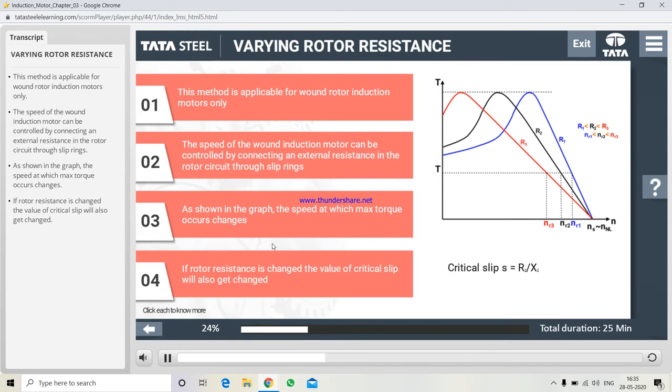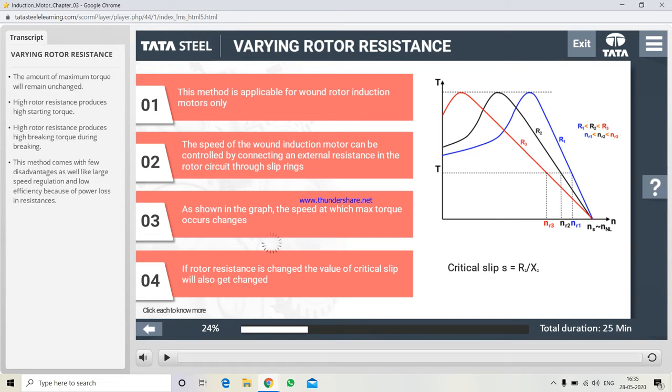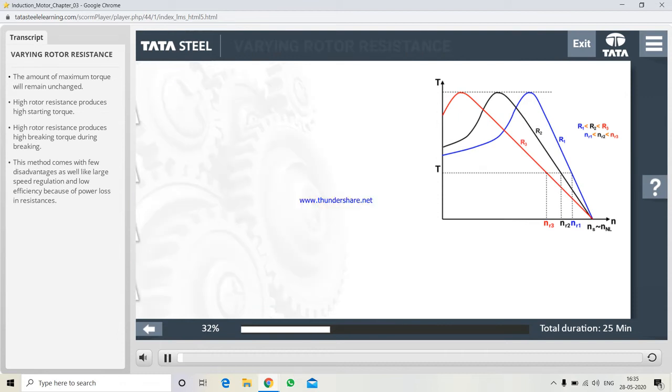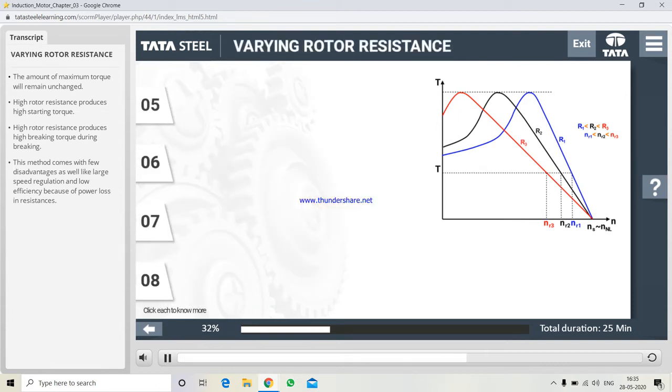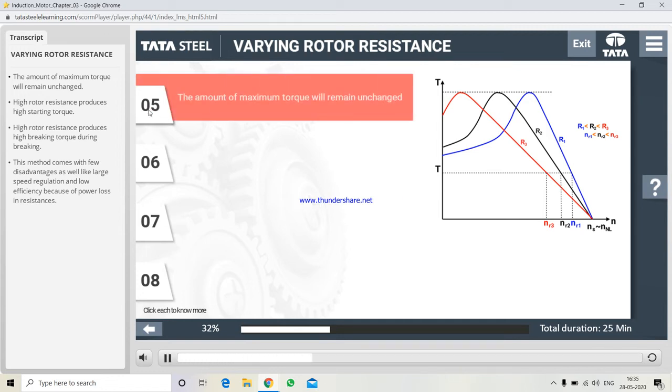If rotor resistance is changed, the value of critical slip will also get changed. The amount of maximum torque will remain unchanged.